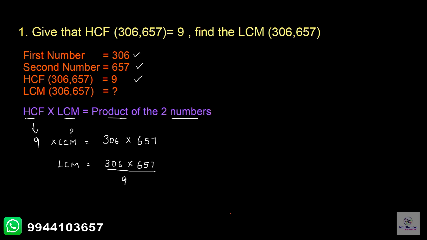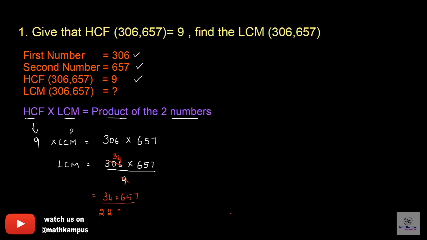Bring this 9 to the other side. Now cancel this 9 and 306. I will get 34. 34 into 657 gives 22,338. This is my LCM. LCM equal to 22,338.